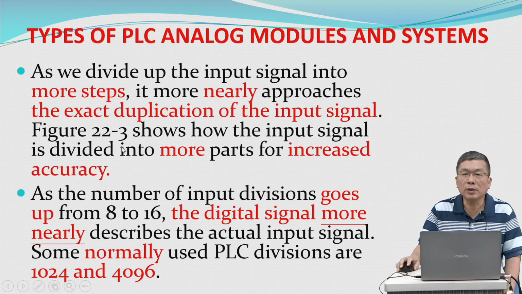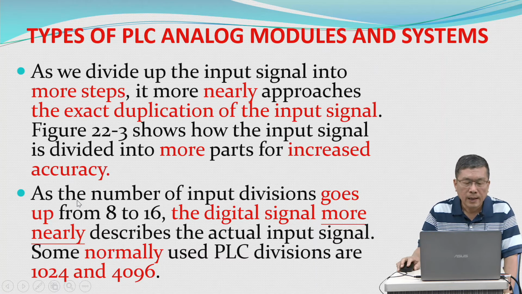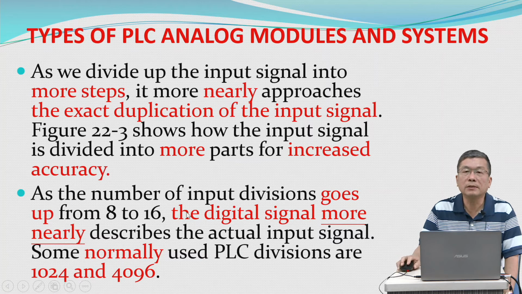Figure 22.3 shows how the input signal is divided into more parts for increased accuracy. As the number of input divisions goes up from 8 to 16, the digital signal more nearly describes the actual input signal.